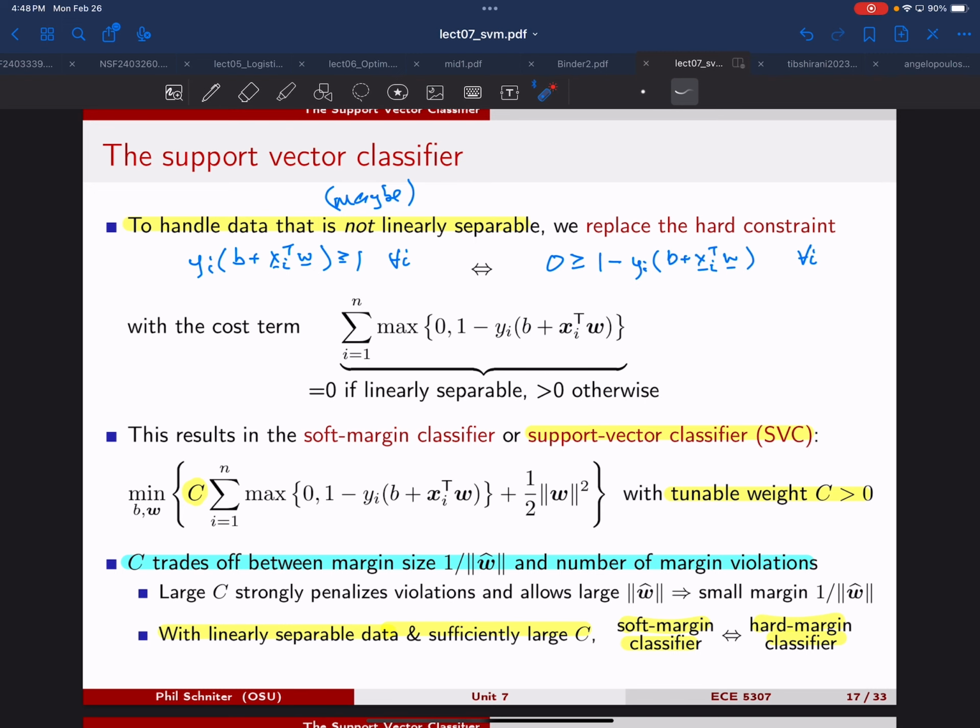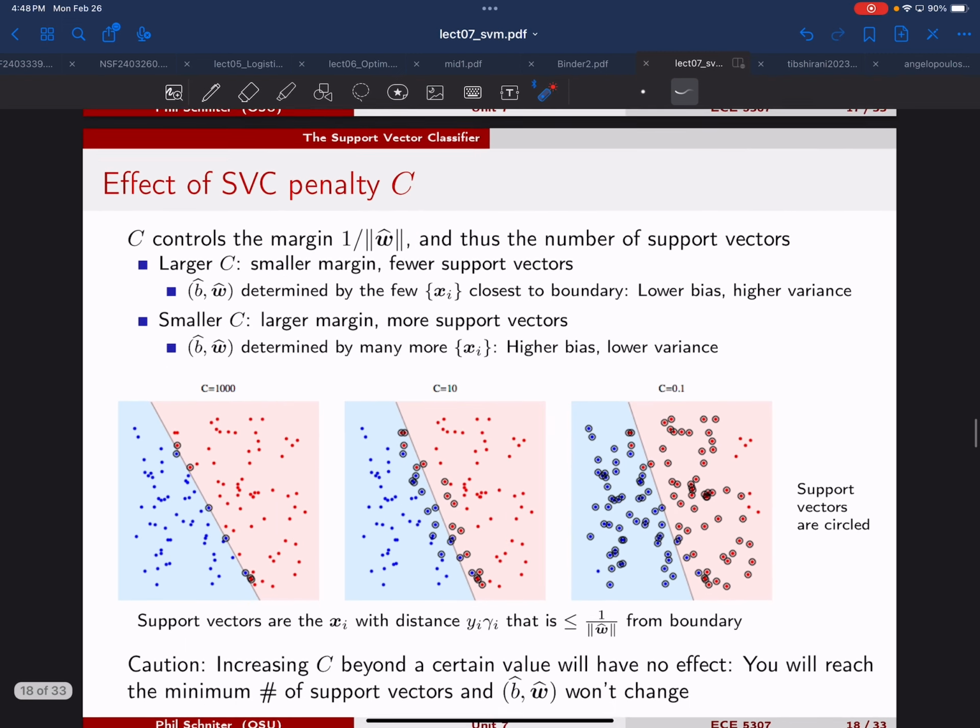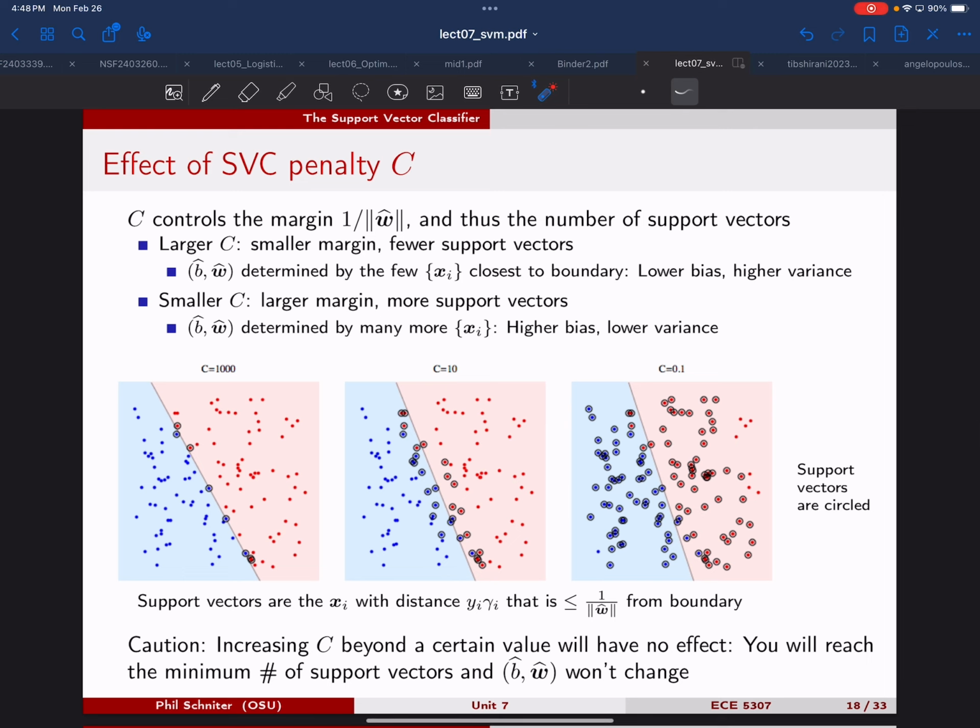Okay, so let's keep thinking about the effect of this penalty C from a different perspective. On the left, you can see that I have a situation where I am using just a few training data points to do my design. On the right, I'm using many training data points.